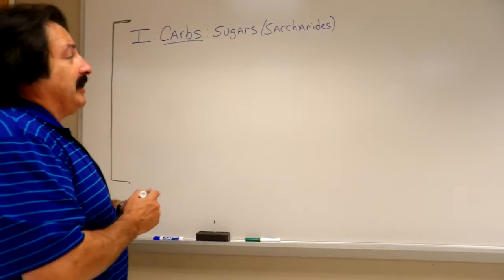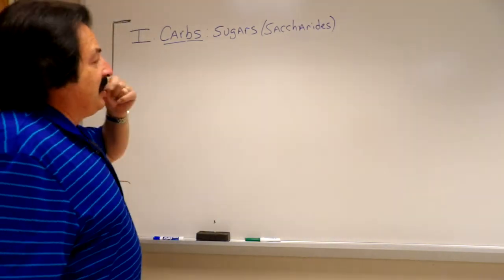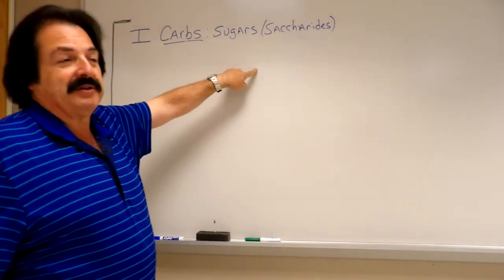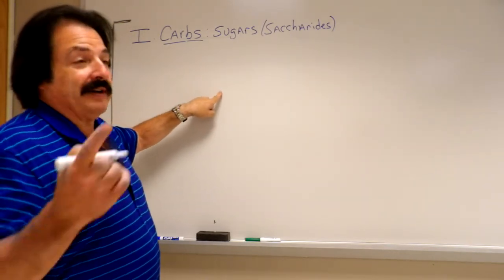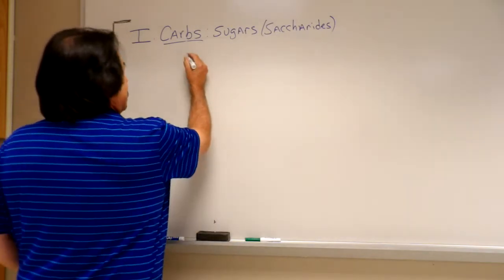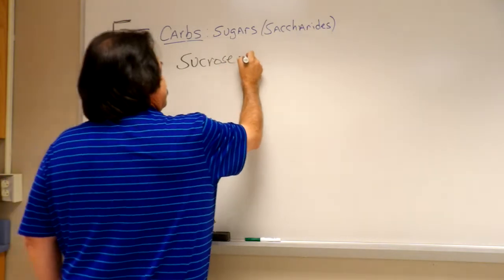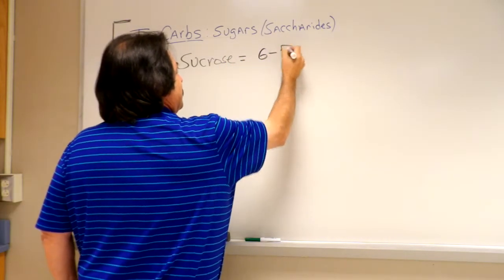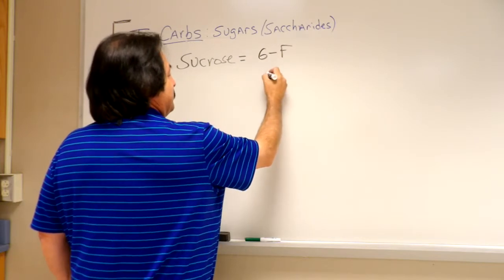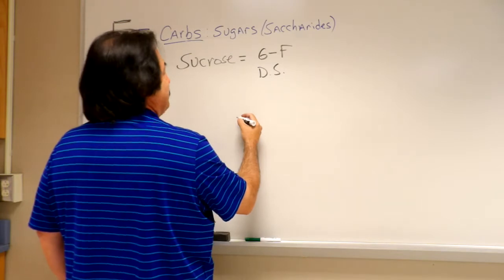One last thing I did want to talk about in terms of carbs, sugars, saccharides. We use glucose and fructose to make sucrose, okay, a disaccharide. One other disaccharide that you have to know besides sucrose, and that sucrose is a combination of glucose being bound to fructose by a process known as dehydration synthesis, okay?